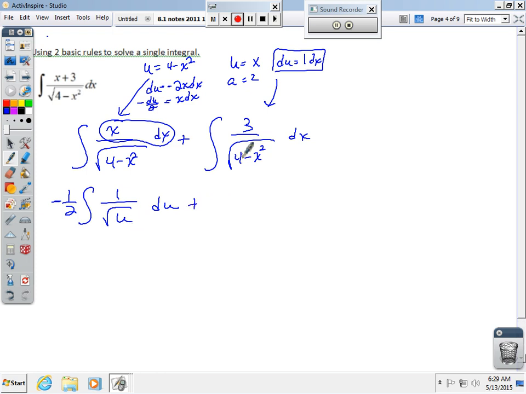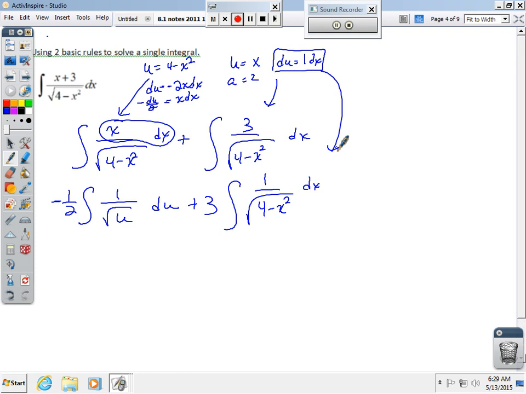For this next one, I'll bring the 3 out front. I have 1 over, and again, this is going to be 4 minus x squared, which is an a squared minus u squared, the square root. So that's going to be the rule for arc sine. Again, make sure you go back and look at your rules for that with the dx. So I'm going to do the u and the a for that part.